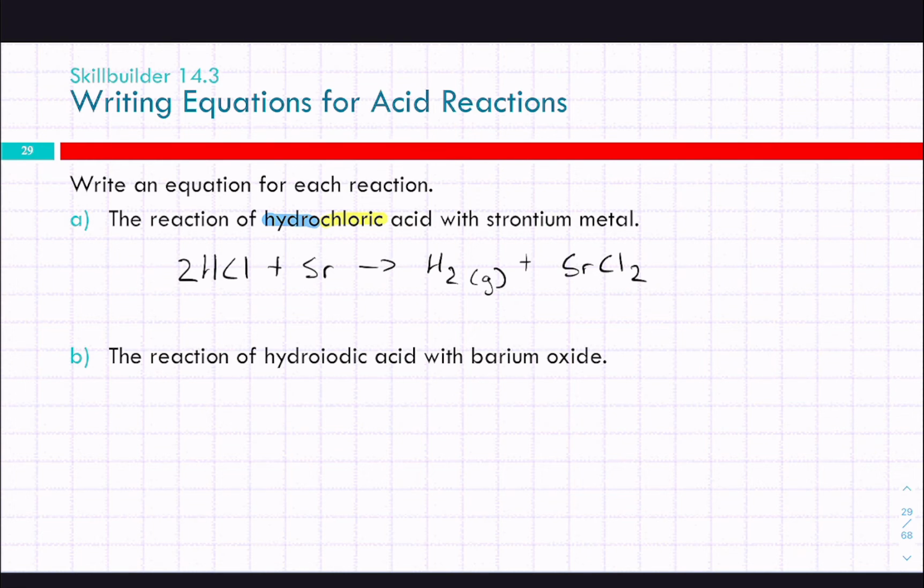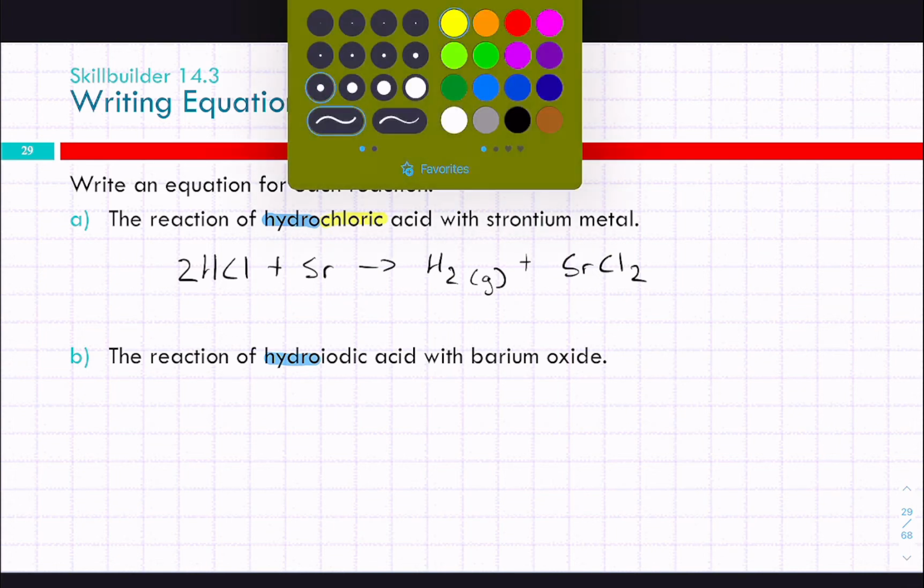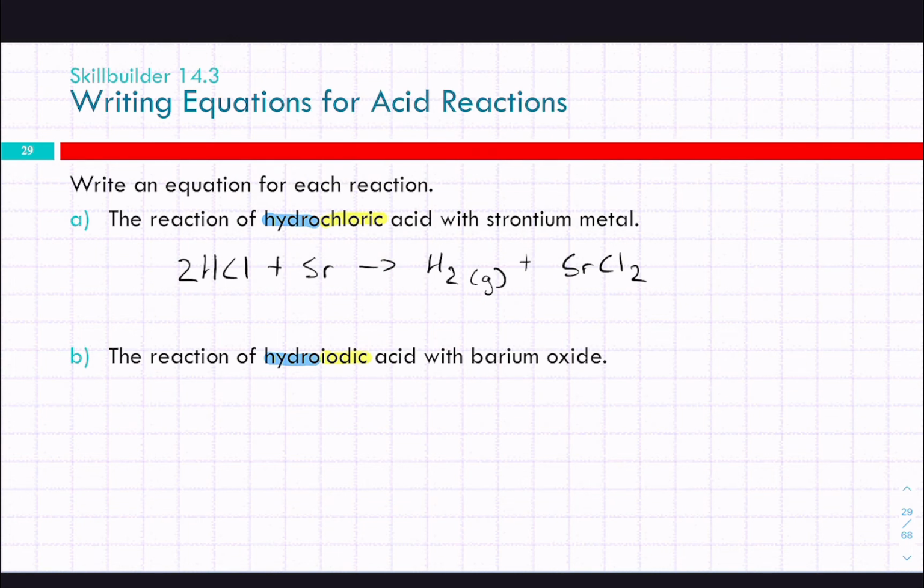Okay, so this next one, again, we have hydroiodic acid. So hydro tells us again that it's a binary acid. Iodic tells us that it's a binary acid of iodine. So just like hydrochloric acid is HCl, hydroiodic is HI, plus barium oxide.